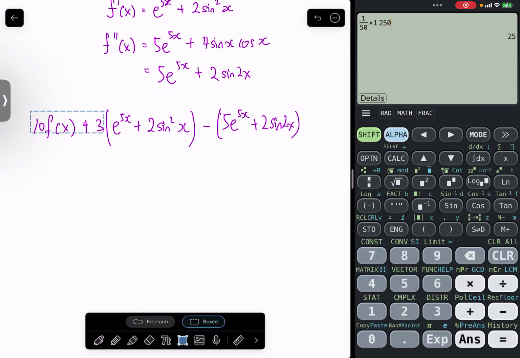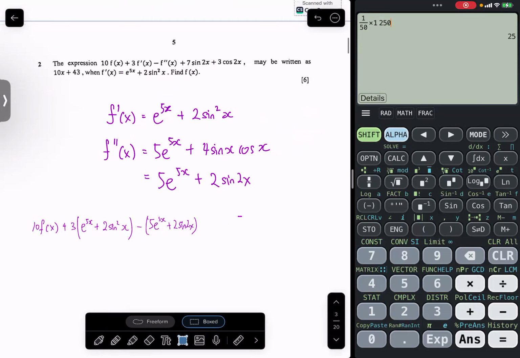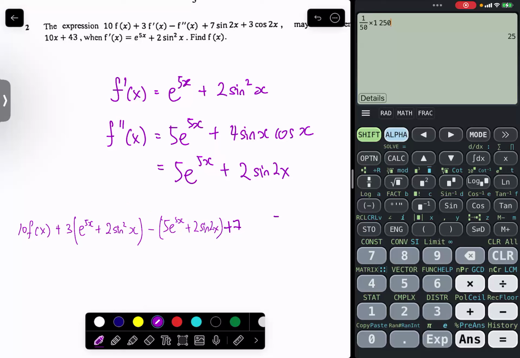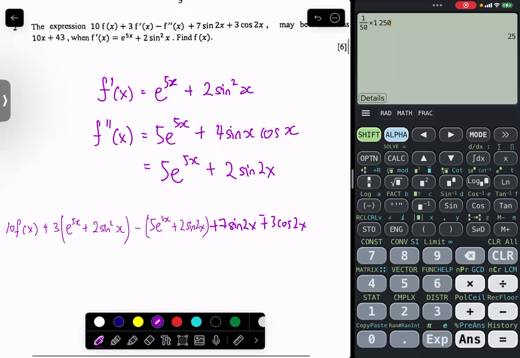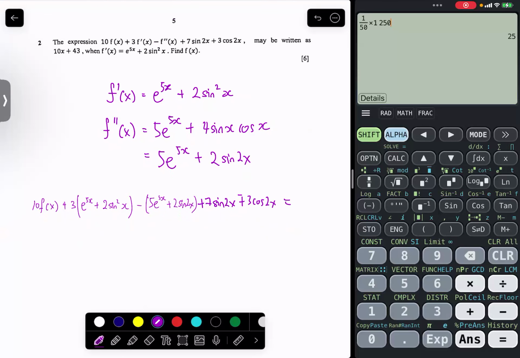Let me shrink it down a little bit. Plus 7 sine 2x plus 3 cos 2x. Okay, it's equal to 10x plus 43.